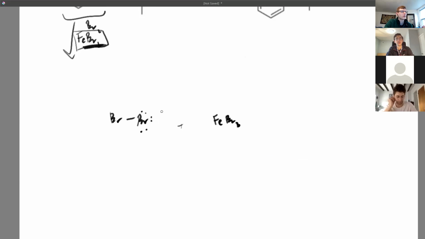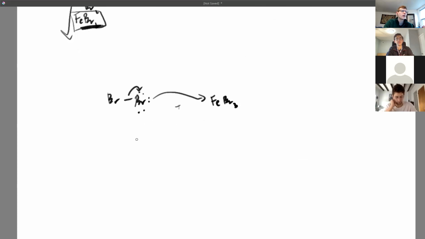It'll come here and I think it'll take one of this bromine's electrons and then maybe these electrons will go here. So you'll wind up with this Br plus and then an FeBr4 minus.